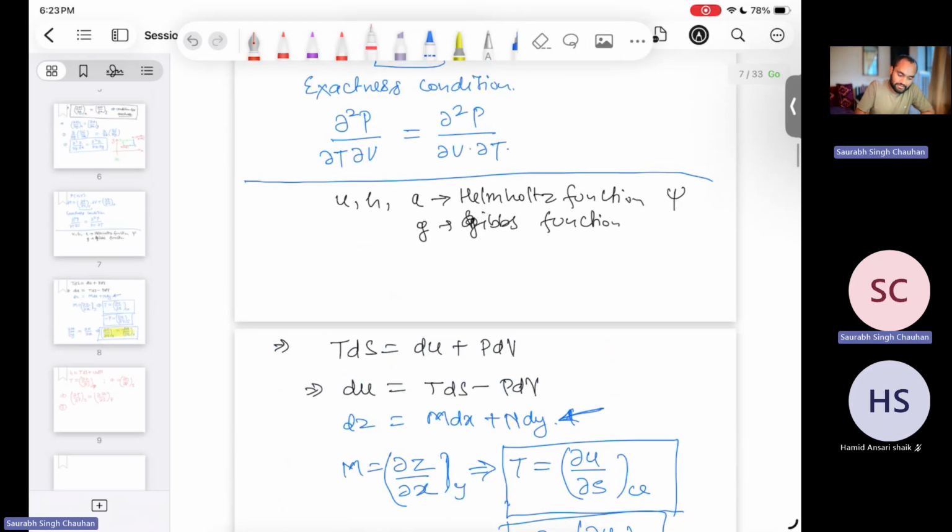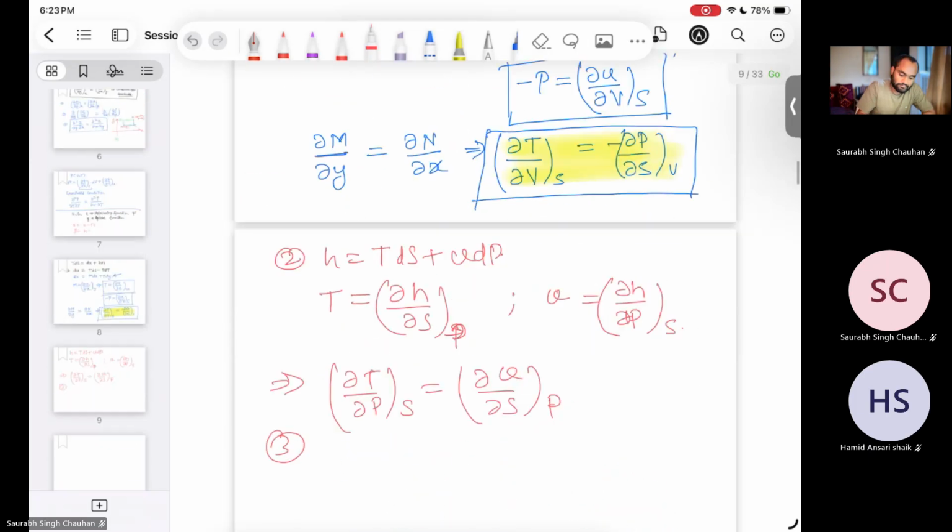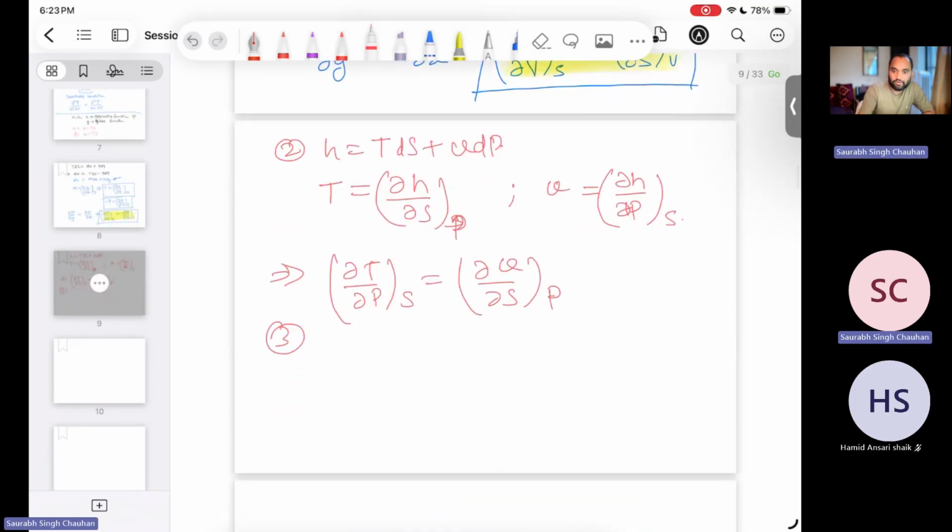This Gibbs and one more function, Helmholtz function, we had not defined. The Helmholtz function is defined as u minus TS, and the Gibbs function G is defined as h minus TS. So similarly for the Gibbs and Helmholtz functions also you can write.